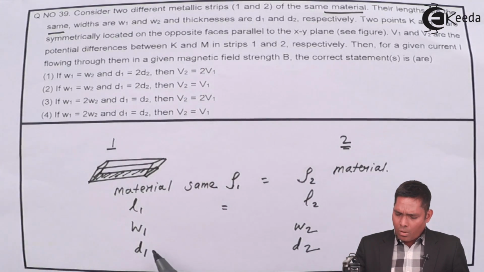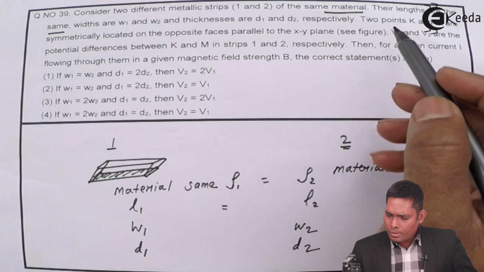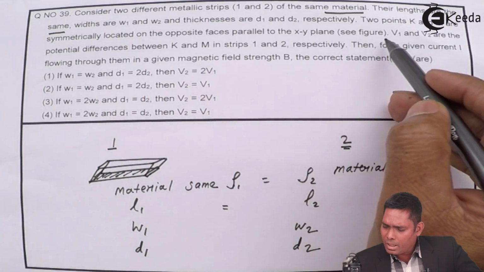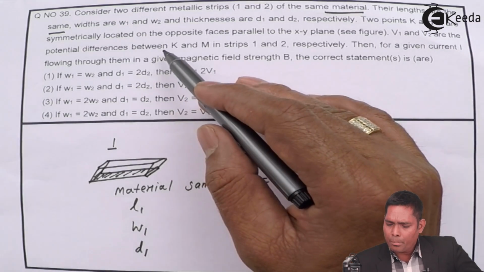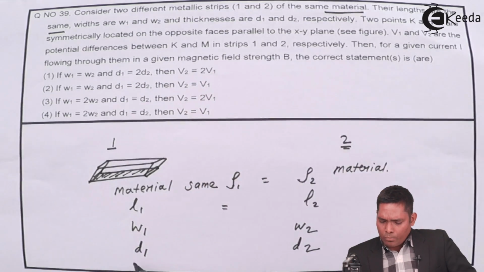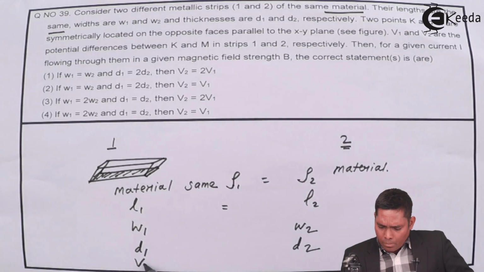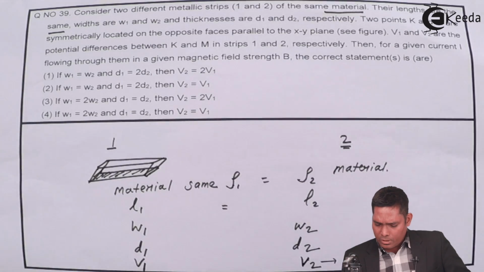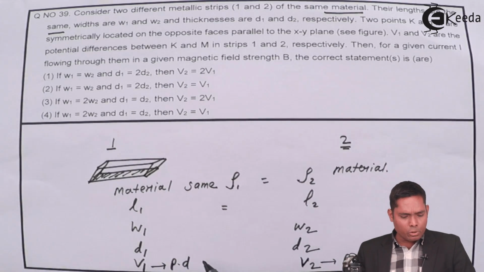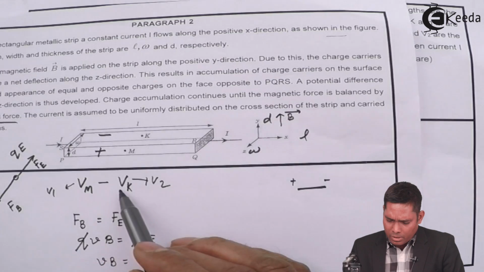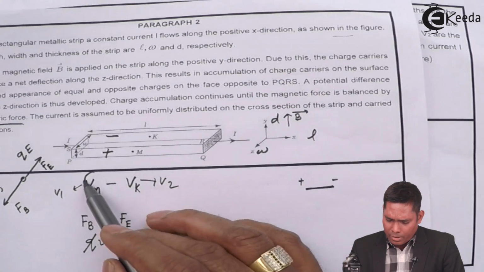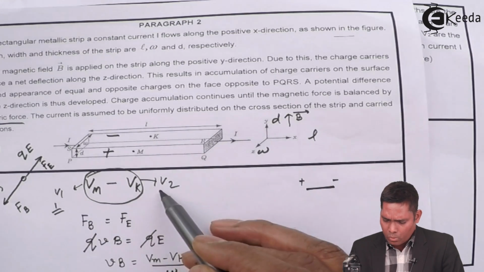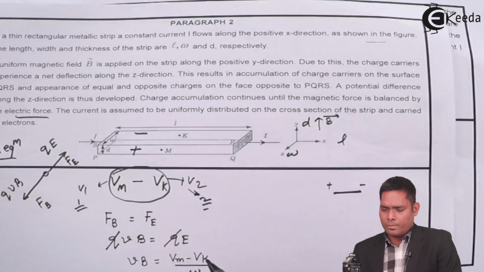So the two points K and M are symmetrically located, and the potential difference between these two sides is V1 in the first case and V2 in the second case.